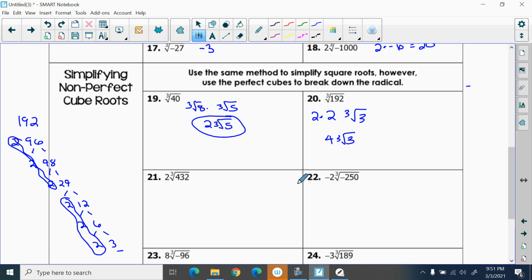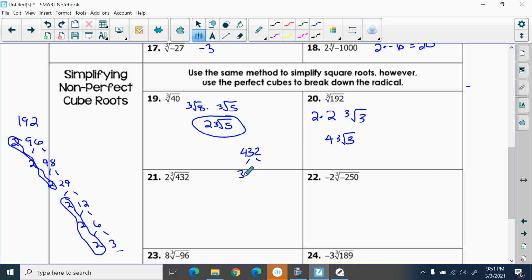So let's look at 432. We're going to go ahead and divide it by 3 first. So that's 144.